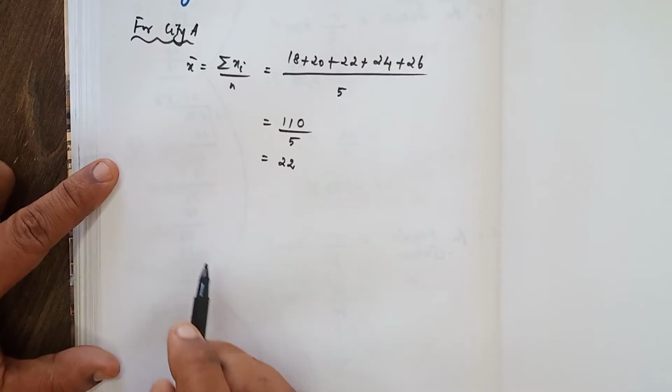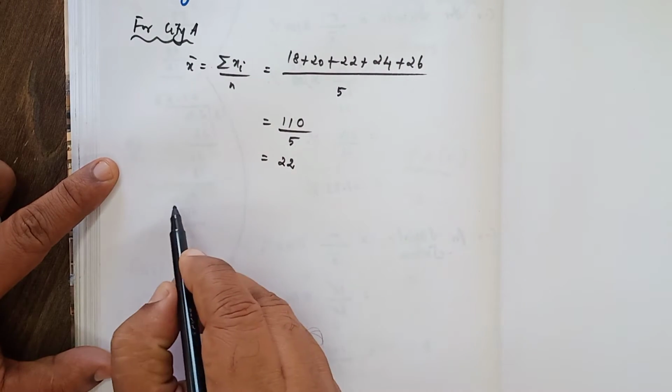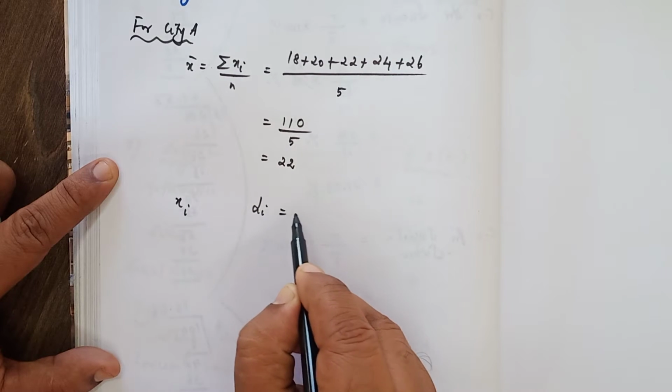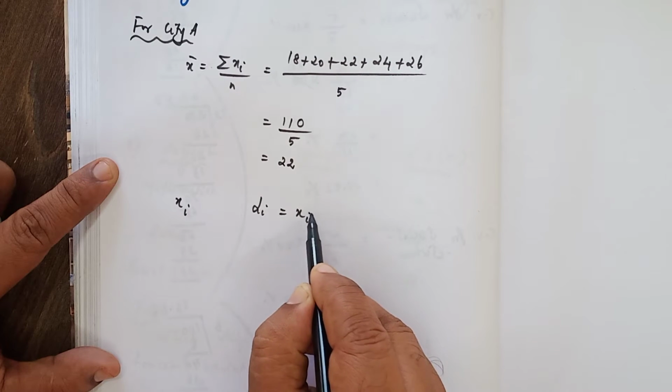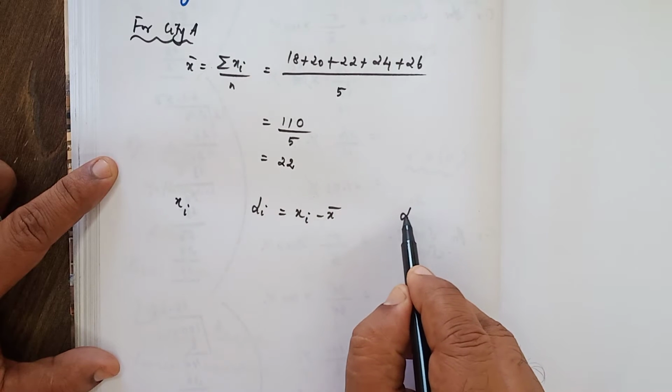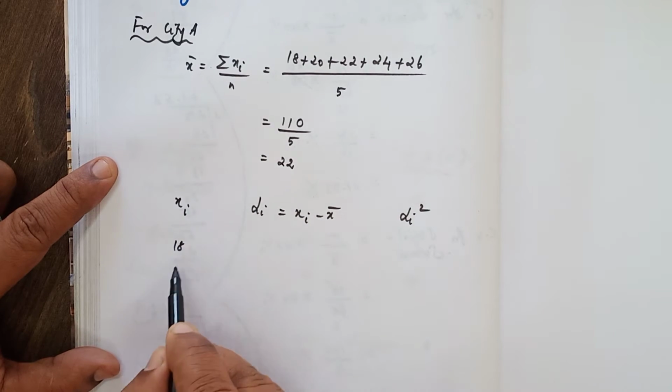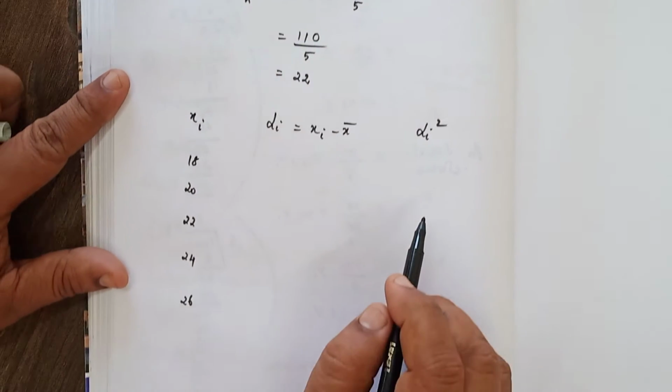Now we can find out the standard deviation. We need xi, di, that is xi minus x bar, and di square. The 5 values are 18, 20, 22, 24 and 26.